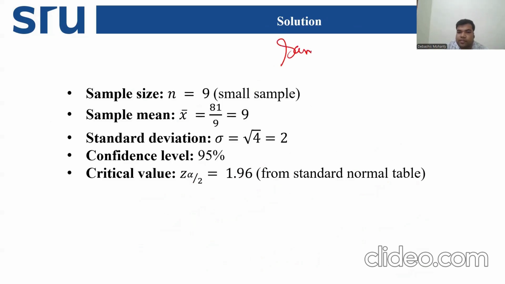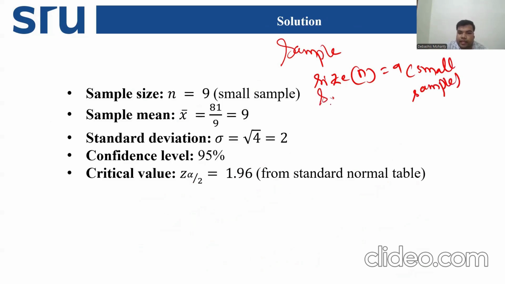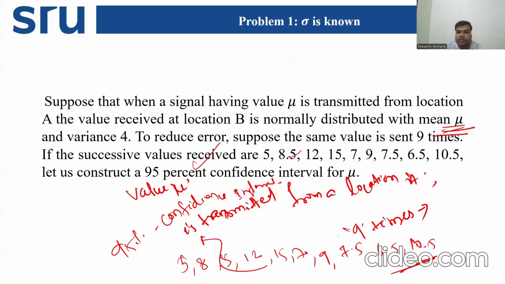First of all, sample size n equals 9, which means a small sample. Then the sample mean, x bar: from the question, we have to add all these values, 5, 8.5, 12, 15 and so on, and divide by the number of observations.